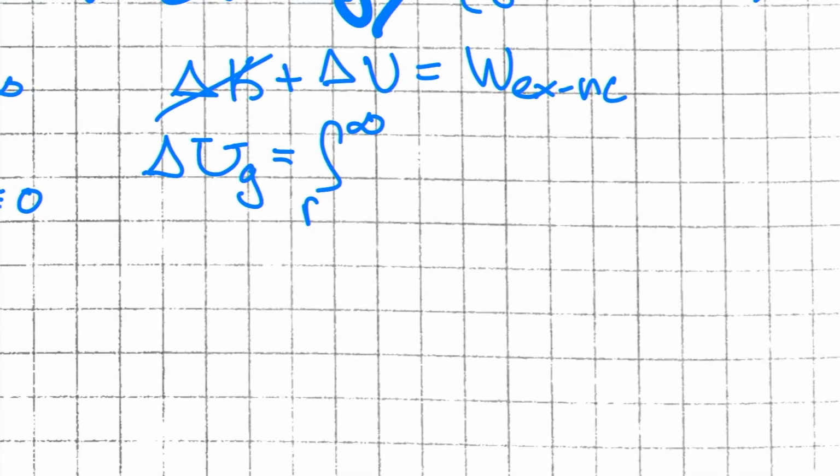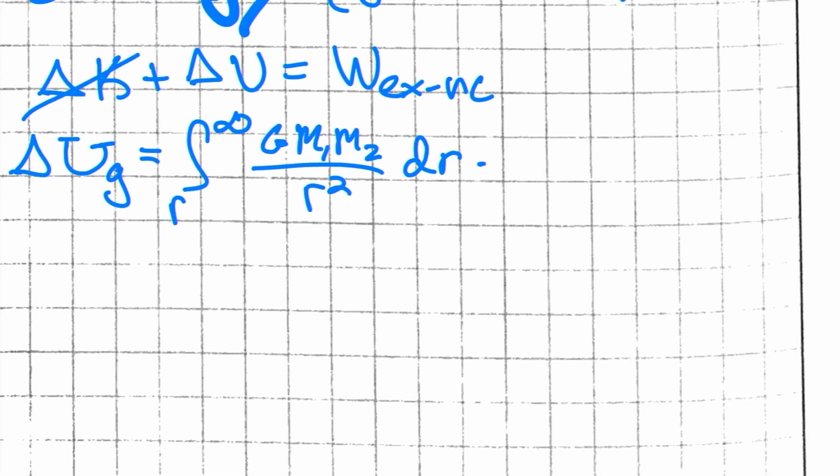The force of the rocket ship has to be G M1 M2 over r squared. That's the force of gravity, and the force of gravity was equal to the force of the rocket ship. The force of the rocket is the non-conservative force, which is doing work here, dr.